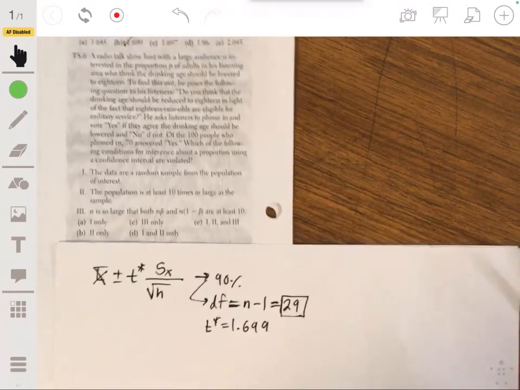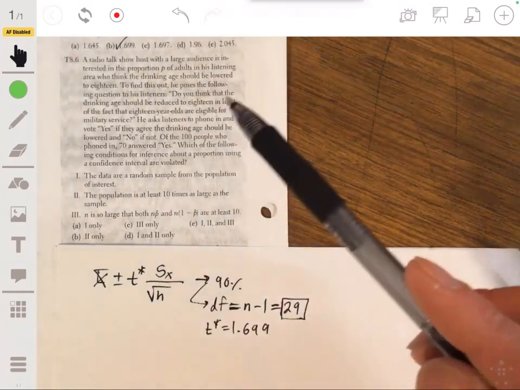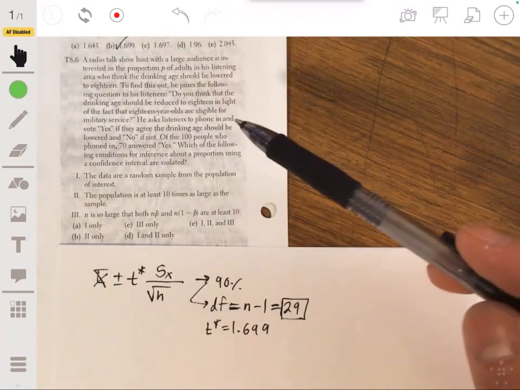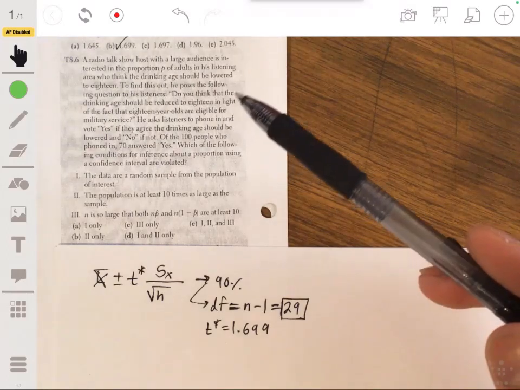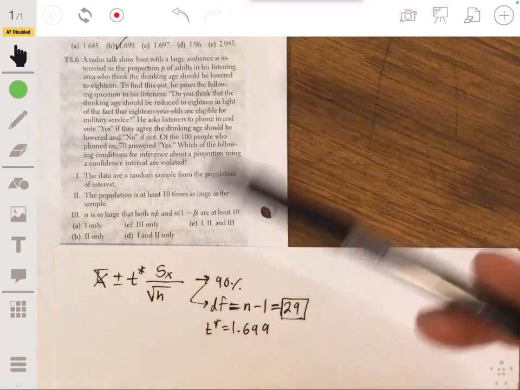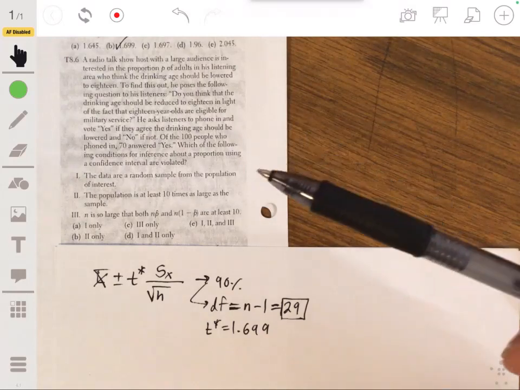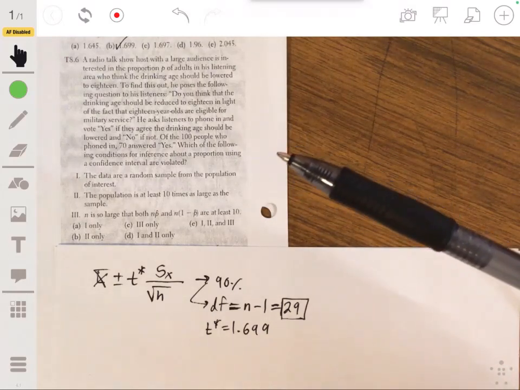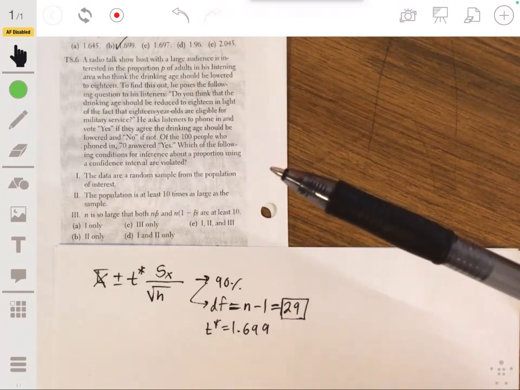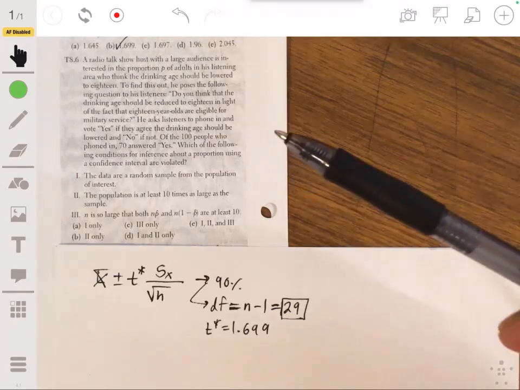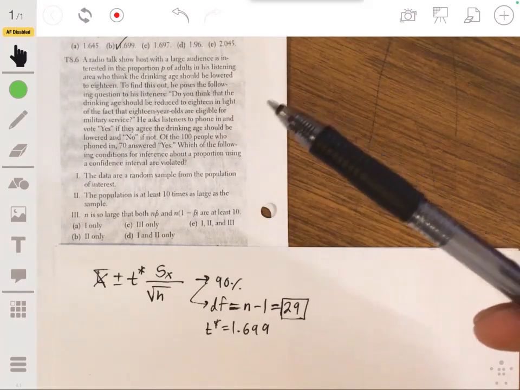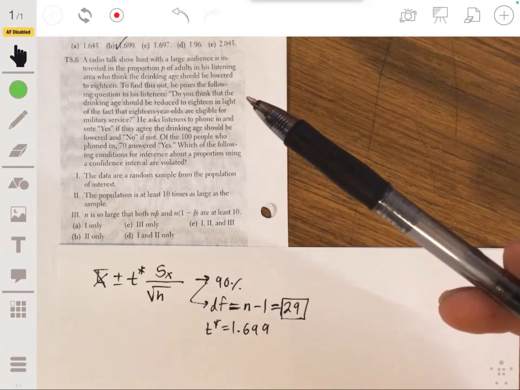Okay, so the issue here is that the talk show host didn't select the individuals randomly. Instead, it was a voluntary sample, because people got to choose whether or not they want to call in.